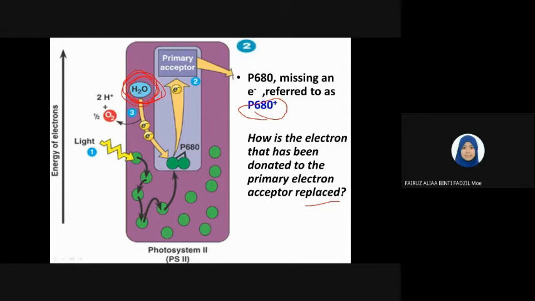The water will be split into protons, electrons and oxygen. The electrons produced from the splitting of the water will then refill or replace the electron missing in the P680 plus. So this occurs through the photolysis of water.